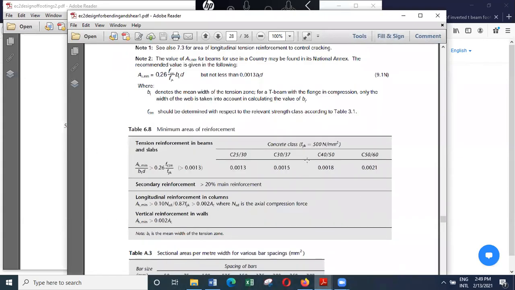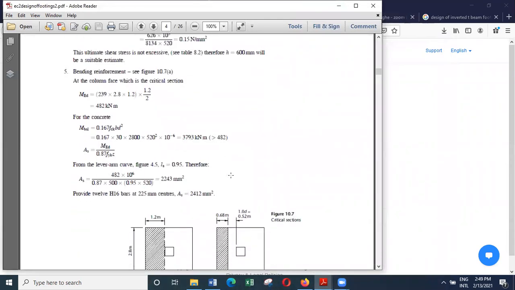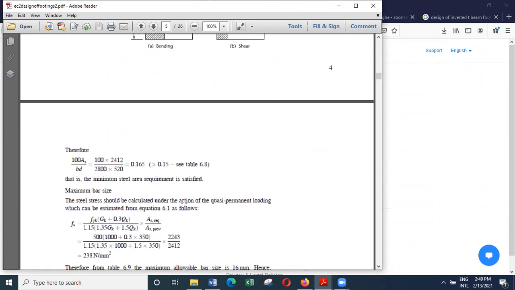The minimum is 0.0015, whereas the amount of reinforcement provided is 0.00165. So because of that, for bending, this reinforcement is adequate.